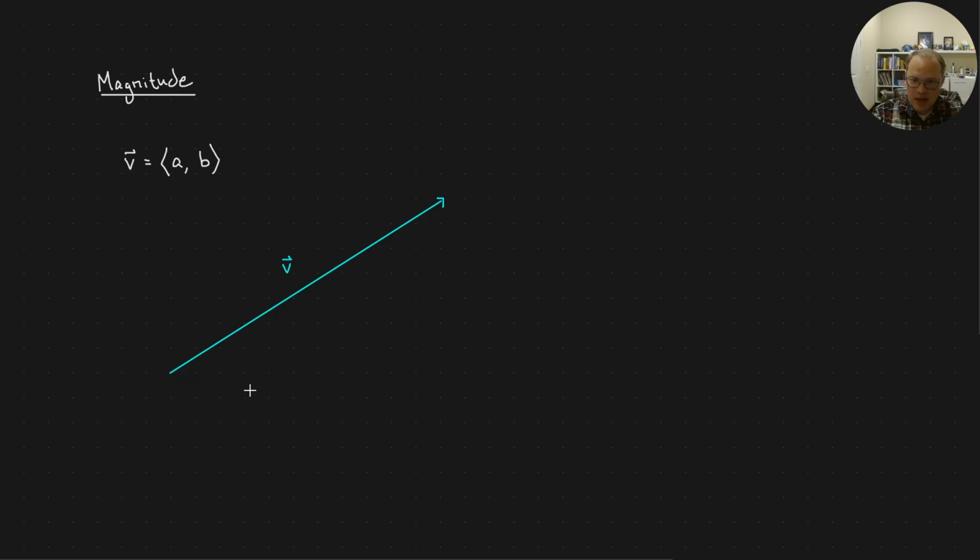Well, it means that if we look at how far we travel in the x direction, we go a units. And if we look at how far we travel in the y direction, we go b units. That's the net change in those 2 directions. Okay? And if we look at this, well, heck, that's a right triangle, isn't it?